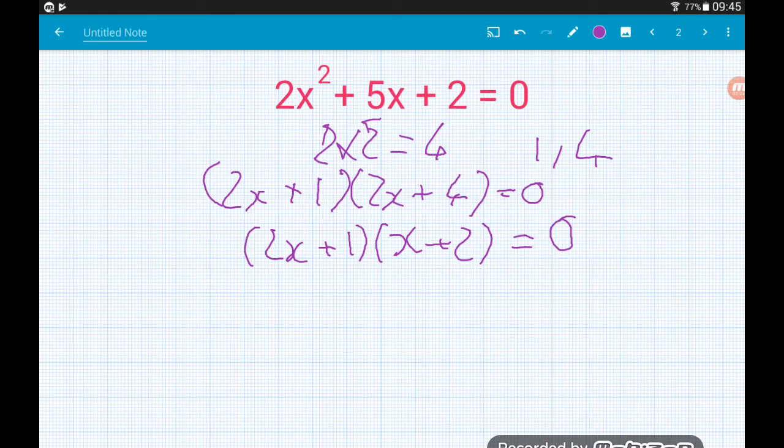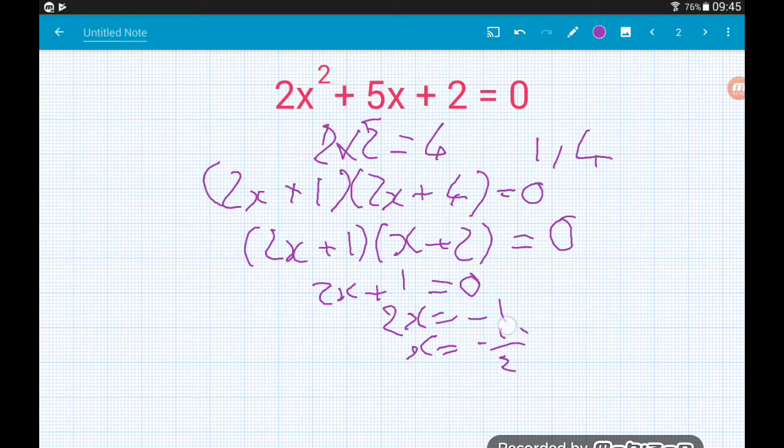So if 2x plus 1 is equal to 0, then we need to solve that for x. If we take away the 1, we get 2x equals minus 1, and then if we divide by 2, we get x is equal to minus 1/2. That's one of our solutions to the quadratic, x equals minus 1/2.